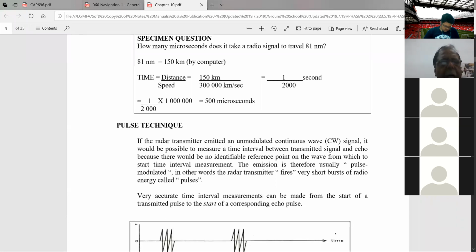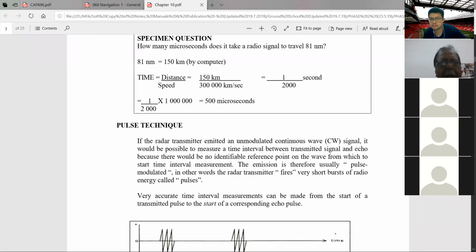Now, if the PRR of a radar happens to be 1000 pulses per second, how much time will one pulse take? I repeat, the number of pulses transmitted in 1 second is 1000. That is called the PRR, pulse recurring rate or pulse recurring frequency. Both mean the same thing.